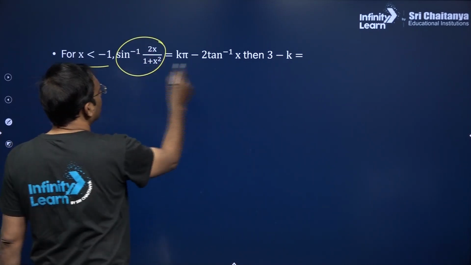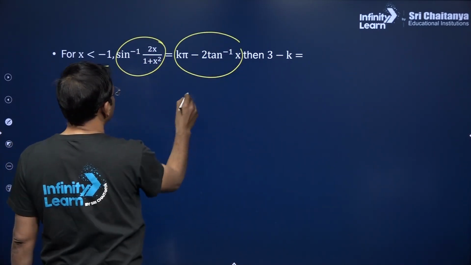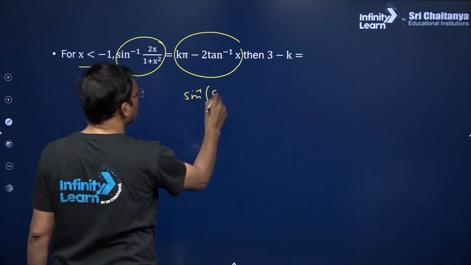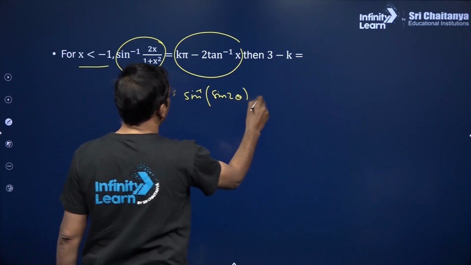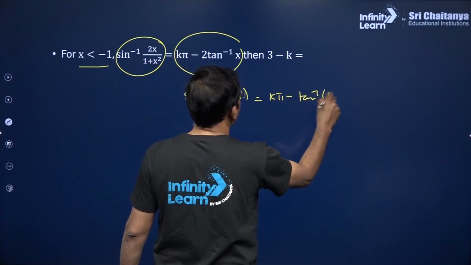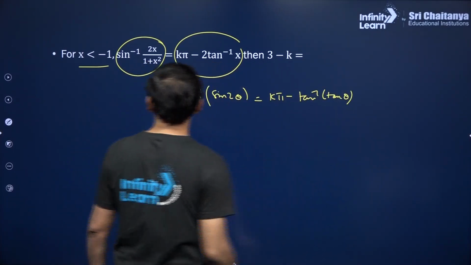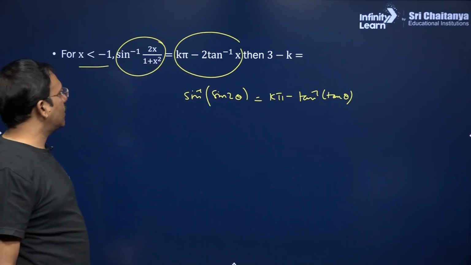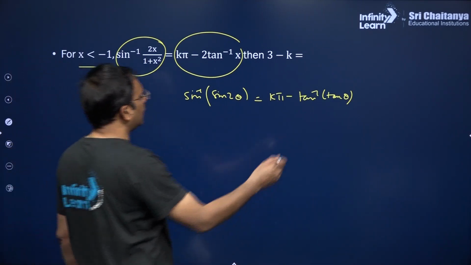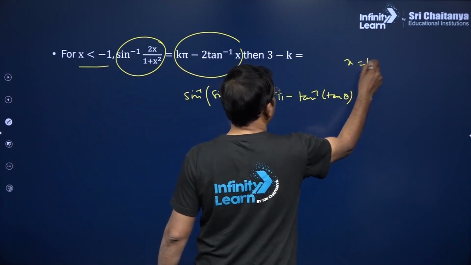Next, you see this question, when x is less than minus 1. Why do not you put x is equal to tan theta here, my dear friends. Sin inverse of 2 tan theta by 1 plus tan square theta will become sin 2 theta, is equal to k pi minus tan inverse of tan theta. My dear friends, when x is less than minus 1, I have taken x is equal to tan theta.